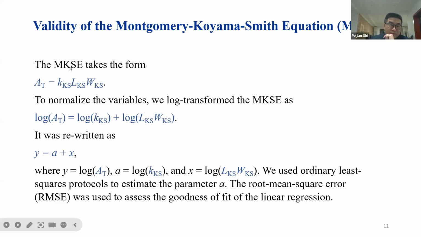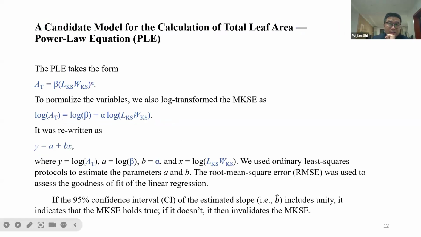However, for testing the validity of this equation, we use another equation, namely the power law equation. Here is its form. Additionally, it has a parameter alpha, which is a power.